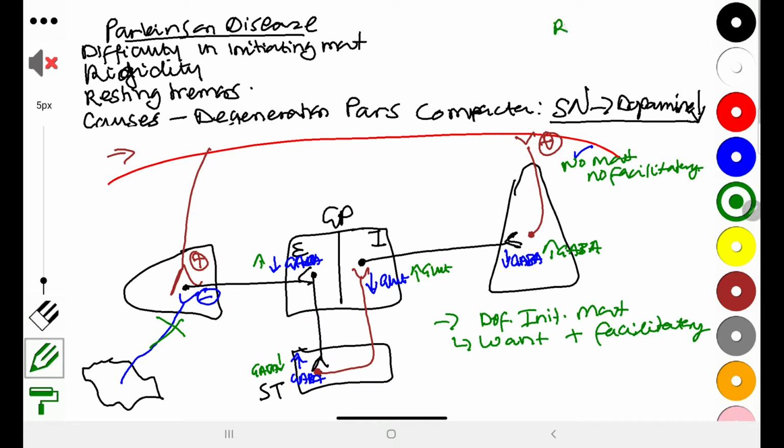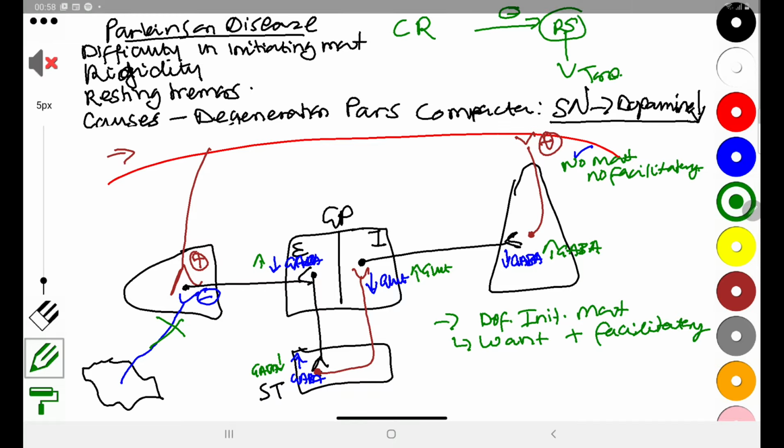So the reticulospinals, they control tone in the muscle. So the corticoreticular fibers are there to inhibit this area, reticulospinal. All right. So they inhibit these tracts, and this is just there for regulation.